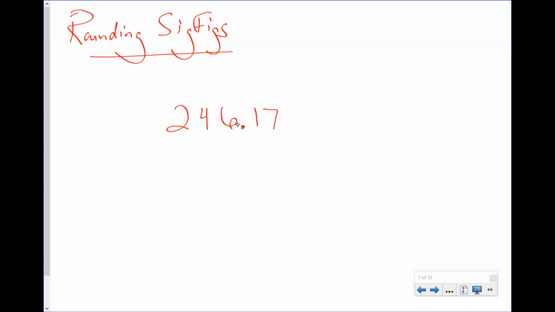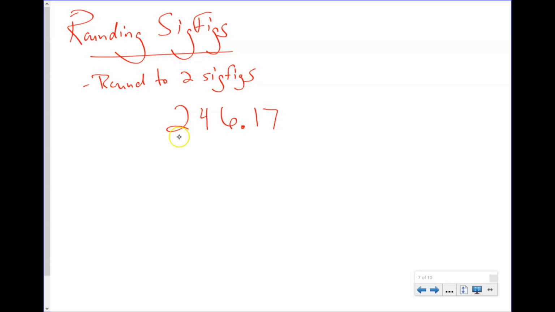If we were to be asked to round this number to a number that only has 2 significant figures, here's what we would do. Anytime we have to round a number with sig figs, let's say in this case we're going to round to 2 sig figs, you always have to start with the digits that hold the most value in the number.